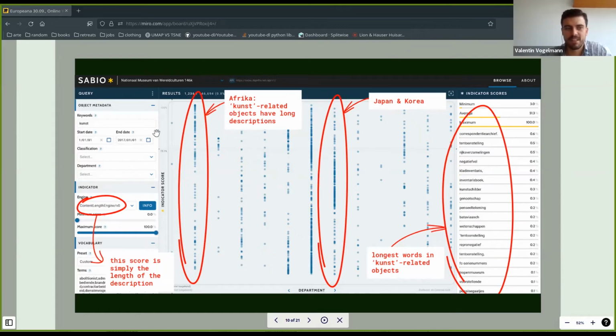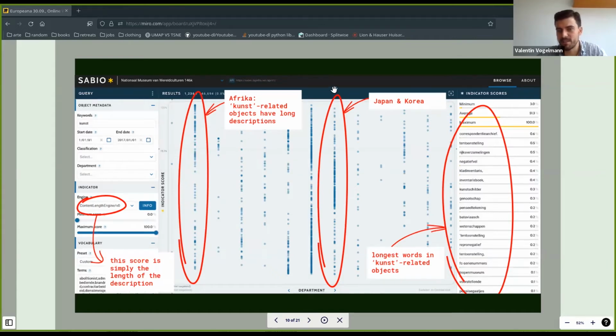For instance, I searched for the word Kunst, which is art in Dutch. In the department that this museum calls Africa, I should say, objects that contain the word Kunst tend to have rather long descriptions.